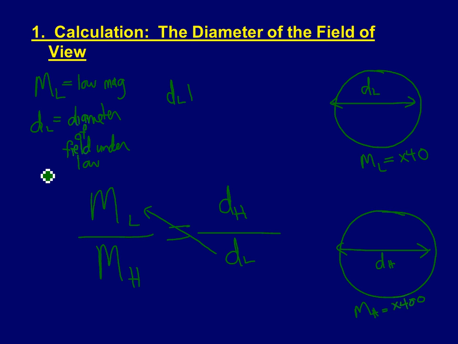What did I do here? This could be a catastrophic failure. Something's not looking right. DL, ML, MH. What did I do? It's an inverse relationship. I've got them on opposite sides. There's a screw up here.